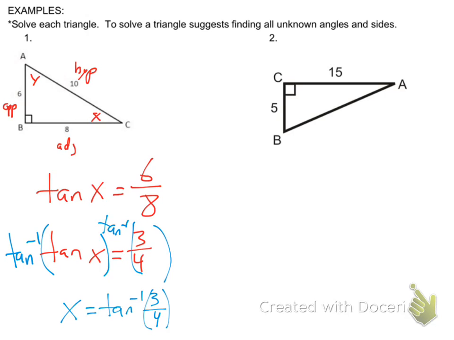Put parentheses if it's not already there. 3 divided by 4. End your parentheses. Hit enter. 6.6. No, that doesn't seem right. 36.8. What'd you get? 36.8. 36.87. So 36.9. Yeah. Okay. Hold on.